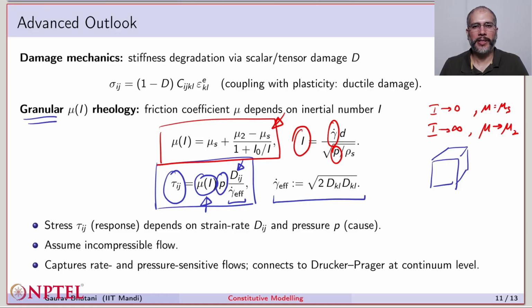So this model, which has a dependence of the fluid viscosity on the inertial number, helps us model granular flows which can range from a very dense solid-like behavior to a fluid-like behavior. So the interesting part is that this mu-I rheology model for granular materials is rate dependent, whereas its counterpart, the Drucker-Prager model, was rate independent. However, both these models incorporate the effect of confining pressure.